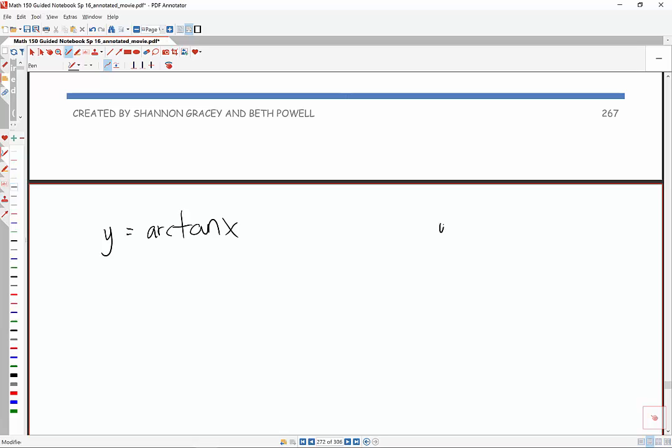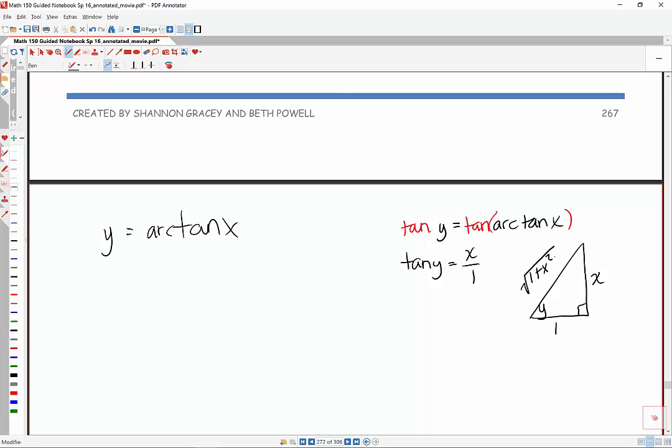What we'll do is evaluate the tangent of both sides, and that will give us tangent at y is equal to x over 1 to make our triangle. So we will have the tangent is the side opposite over the side adjacent, and this will end up being 1 plus x squared under a radical.